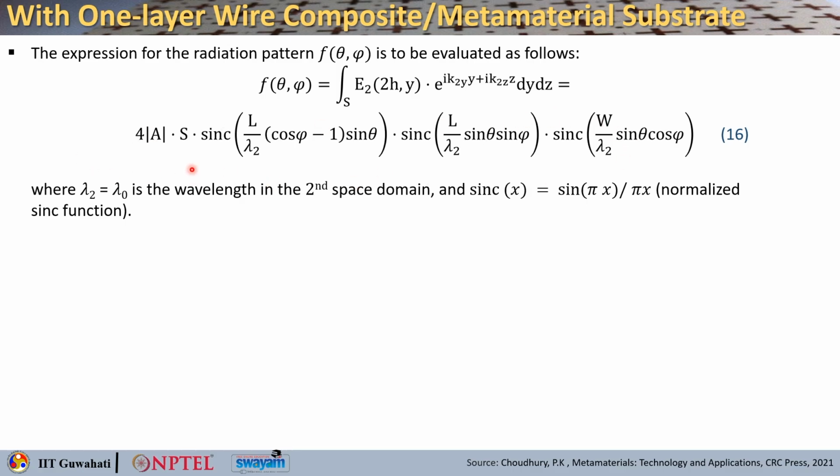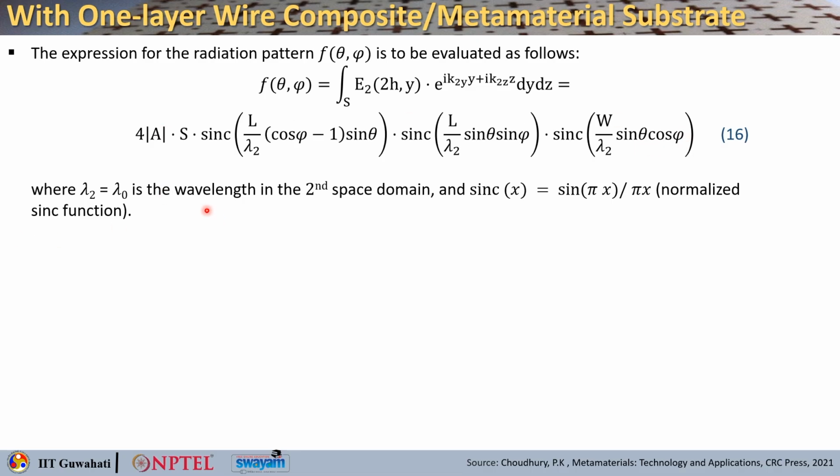When you compute this, you basically get 4 modulus of A times S, that is W cross L, and then you have 3 sinc functions multiplying each other. So, sinc of L by lambda 2 times cos phi minus 1 sin theta, then sinc of L by lambda 2 sin theta sin phi, and then sinc of W by lambda 2 sin theta cos phi.